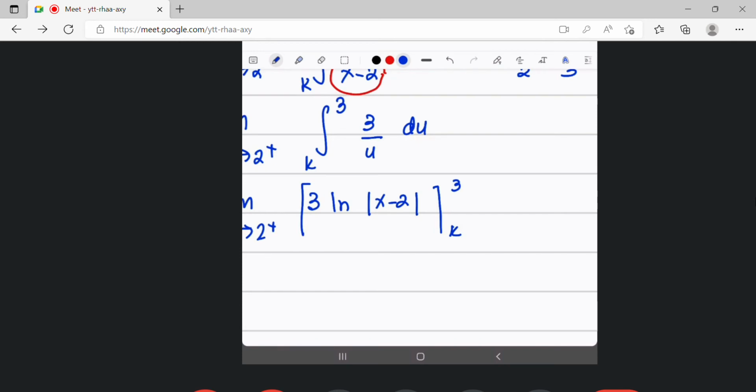Nilai untuk ln hanya valid bila dia adalah positif. Cuba you tekan kalkulator kalau ln -1. Dia takkan dapat kan, undefined kan. So that's why we need to assume that any number inside the ln, it must be positive. So that's why we need to put the modulus sign. Okay, kejap nanti habis.